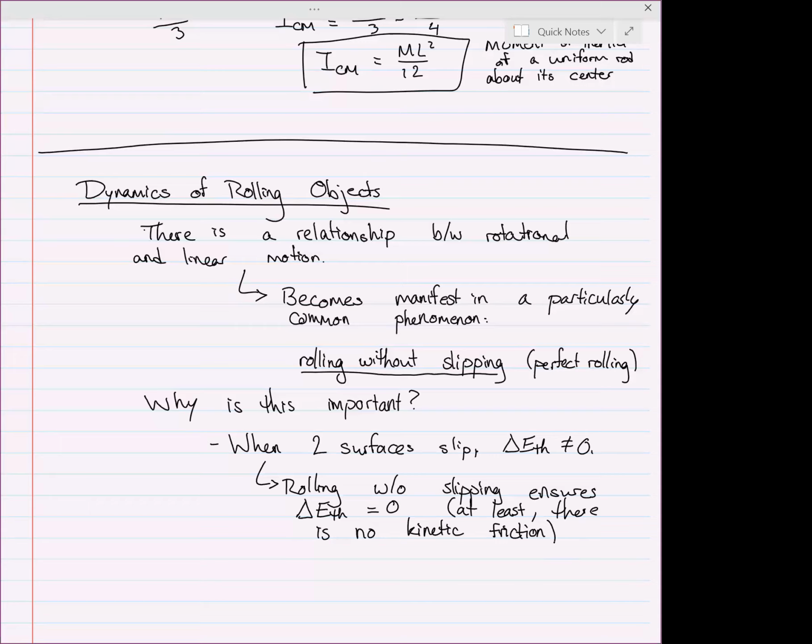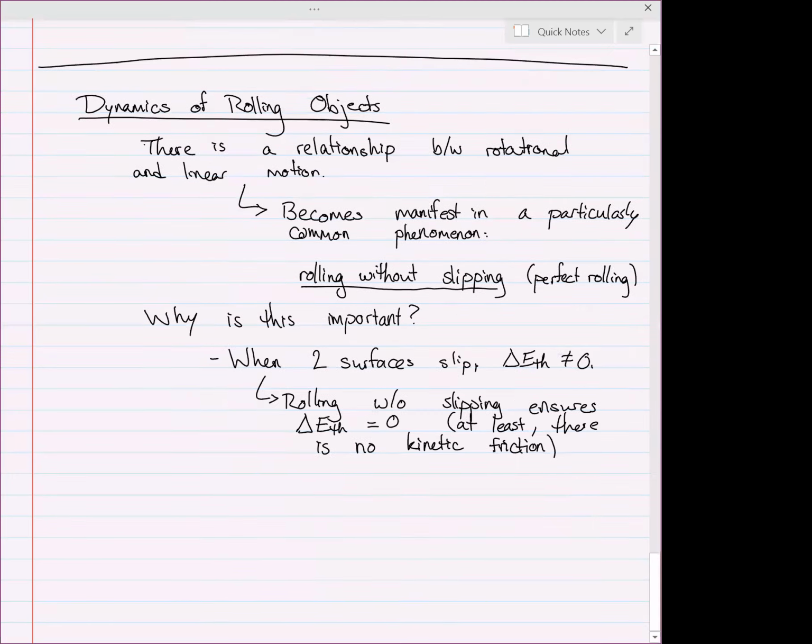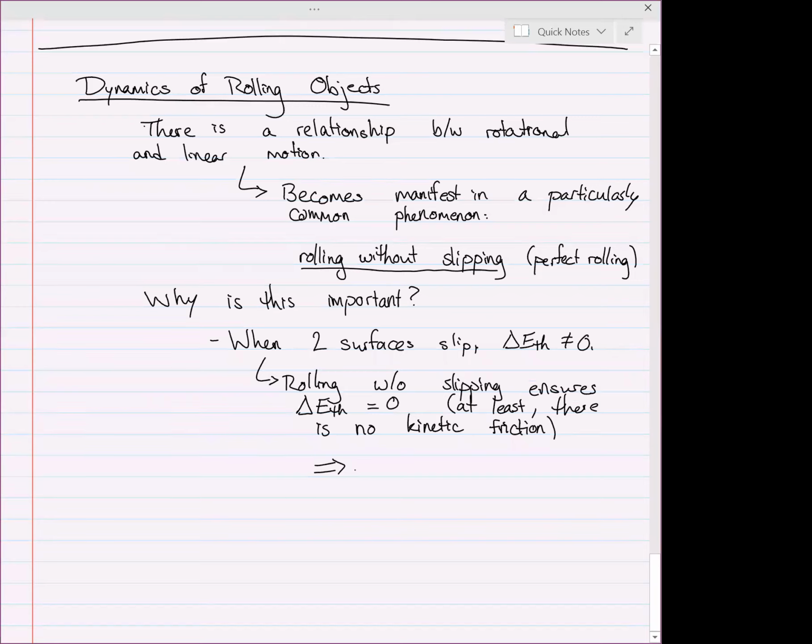As we've seen before, static friction can do work, but what it doesn't do is produce thermal energy because there's no rubbing going on. And so the implication here is that the mechanical energy is conserved when an object is rolling without slipping, which is super useful. It means that we can use our energy conservation equations no problem without having to worry about energy loss.